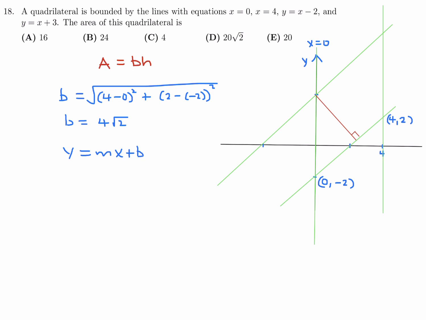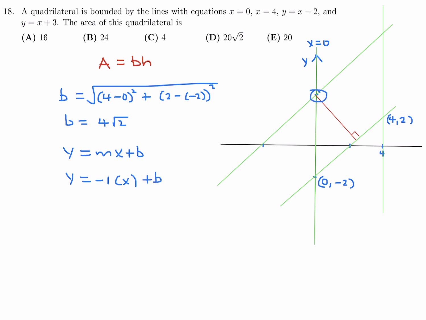Now this line is perpendicular to this line, right? And this line here has, what is it? Y equals x minus 2. Yeah, so that has a slope of 1. So the line that's perpendicular has a negative reciprocal as a slope, which would be negative 1. So immediately we know that m is negative 1. And then b I can get by substituting any point.